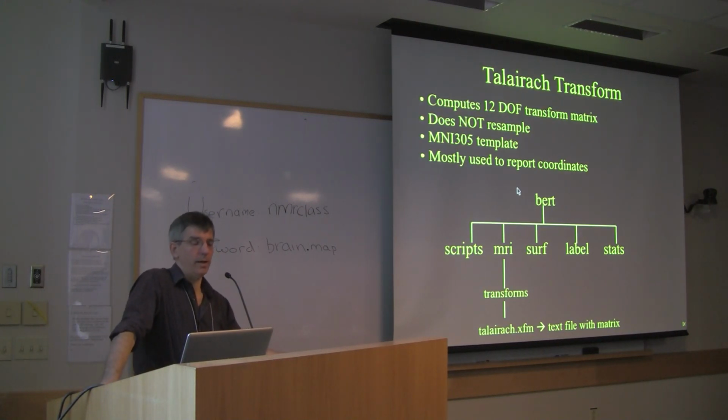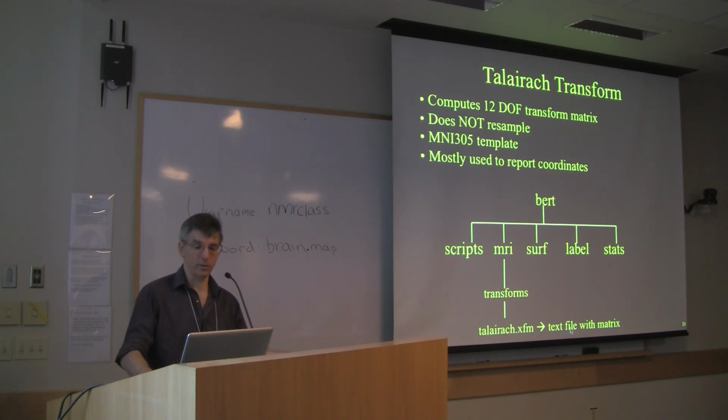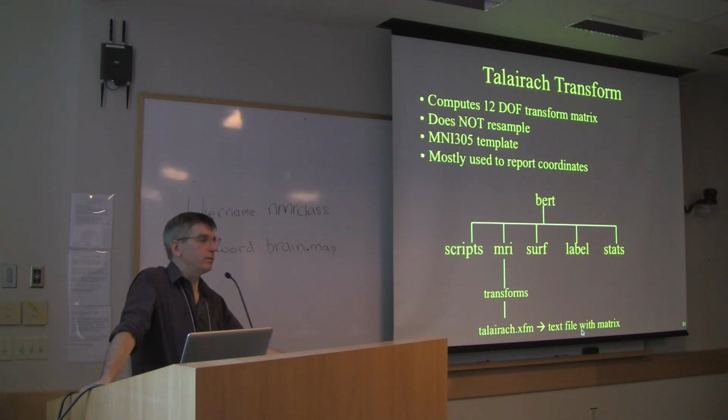There's also a Talairach transform that gets computed along the way, and that's stored under the mri transforms folder, something called talairach.xfm. And this is just a text file with a matrix inside of it. So the original data is not transformed into Talairach space. Everything is kept in the native space.